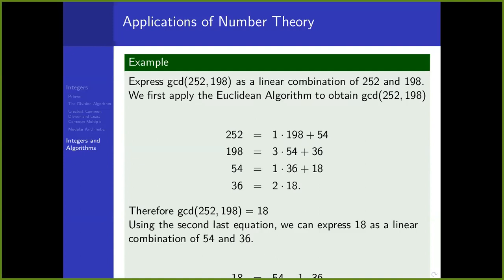When we do that, we apply it first to 252 and 198, then to 198 and 54, then to 54 and 36, then to 36 and 18. And at this point, the remainder is 0. So our greatest common divisor will be 18. The last non-zero remainder here is 18. So this one we're able to do in exactly 4 steps.